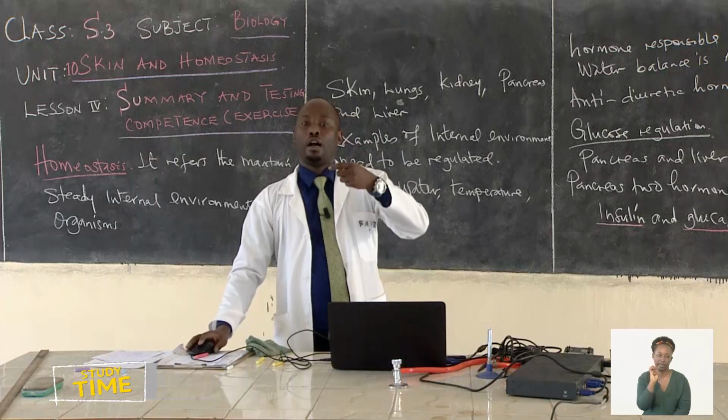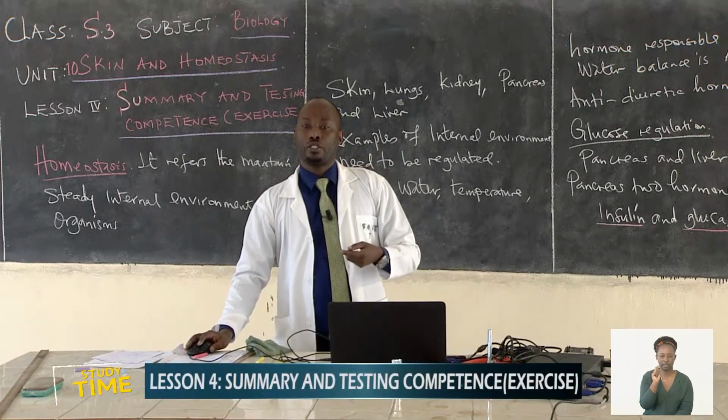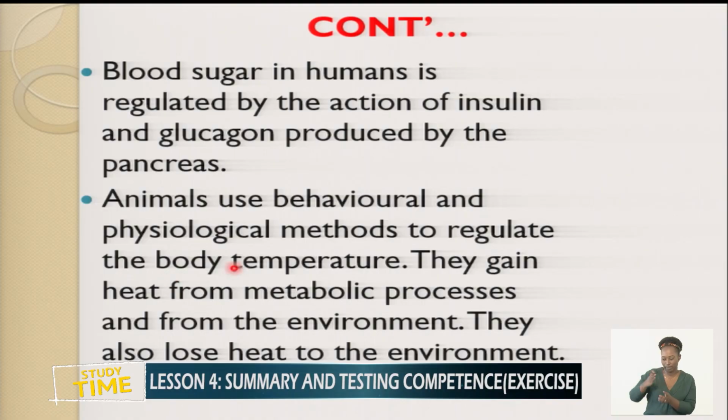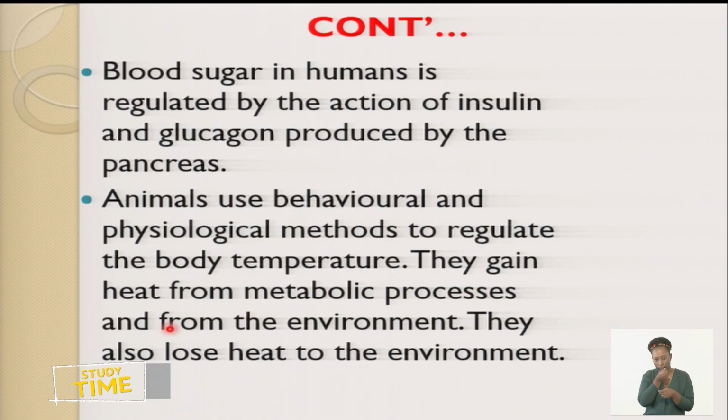So these are behavioral and physiological methods to regulate body temperature. They gain heat from metabolic processes and from the environment, because most of the heat is normally gained from the surrounding environment, and they can also lose heat to the environment.